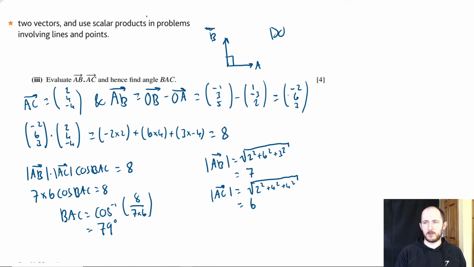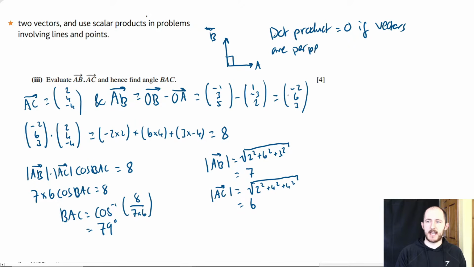So the dot product equals 0 if the vectors are perpendicular. So we can use this as a test to work out if two vectors are perpendicular. One way is literally if you times and add the components and they equal 0, you know for a fact that they are perpendicular vectors, which is a pretty handy thing to have actually. And the reason why is because cos of 90 is 0. Nice and easy.